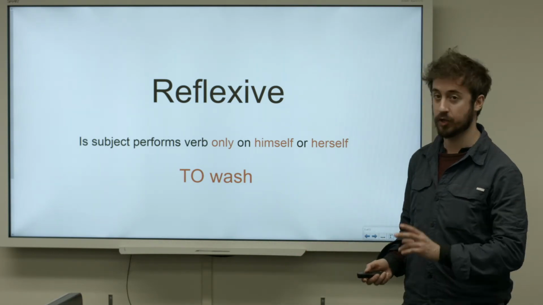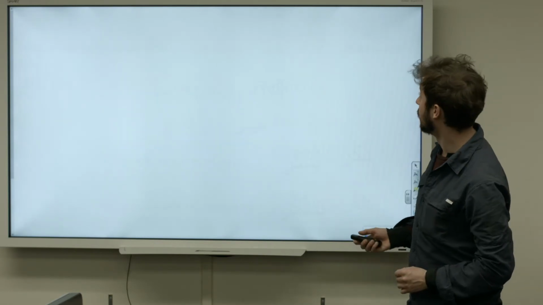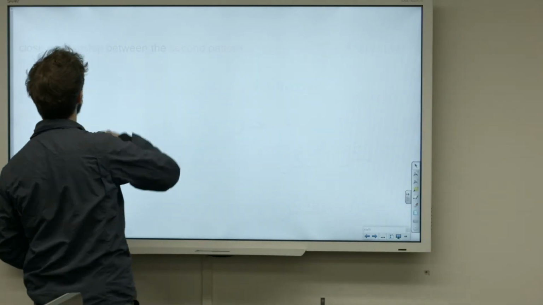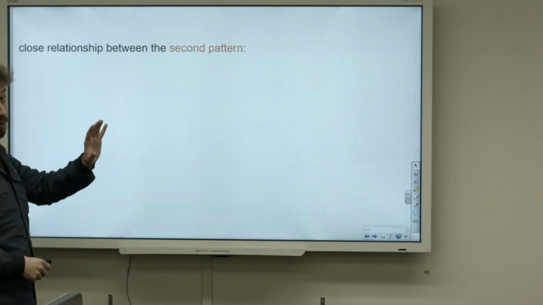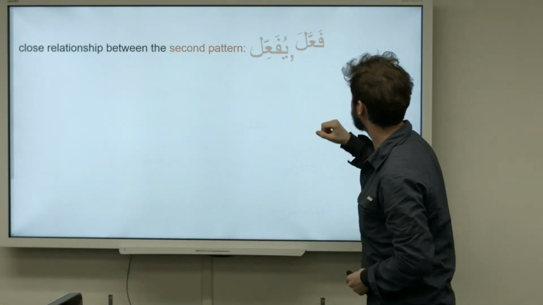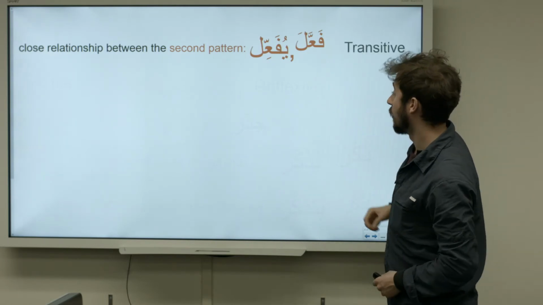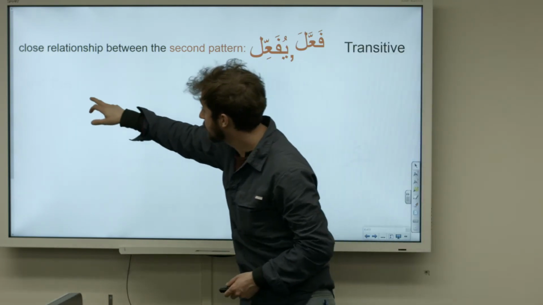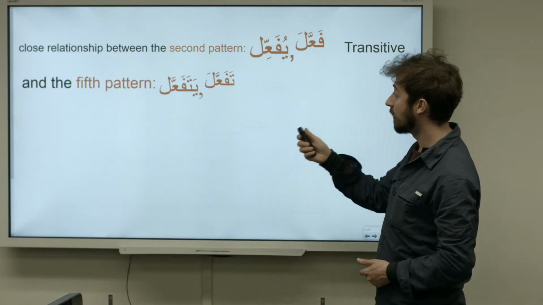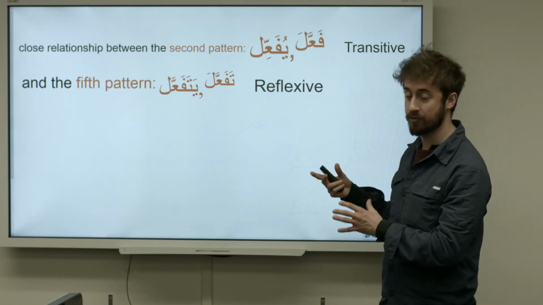And we look at two verb patterns out of the 10 main ones. The first thing we want to look at is a relationship between the second pattern, which is fa''ala, yufa''il, and is transitive on the one hand, and on the other hand, the fifth pattern, which is tafa''ala and yatafa''al, which is often reflexive.